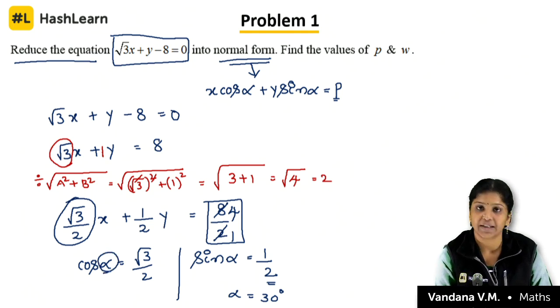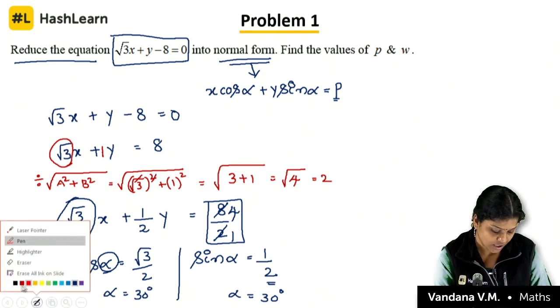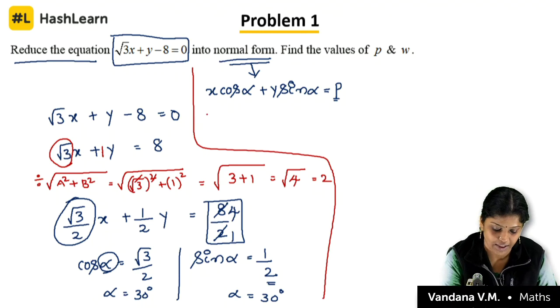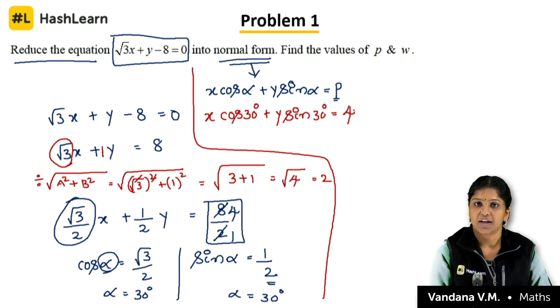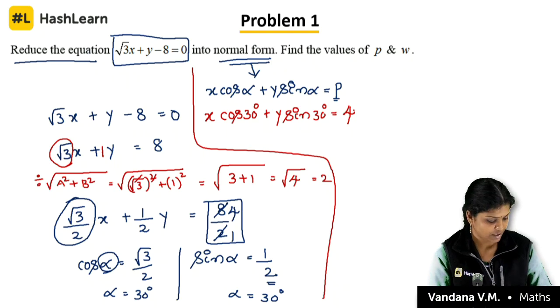Where will I get root 3 by 2 in cos? That is also 30 degrees. Now write the general equation. The general equation of normal form is x cos 30 degrees plus y sin 30 degrees is equal to 4. I hope you understood. Clear, children? Yes. Next one.